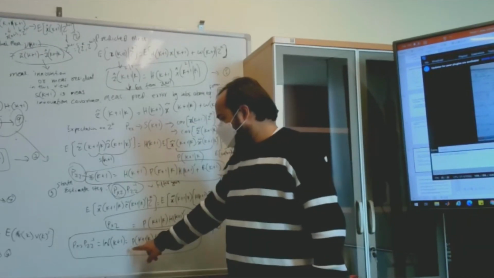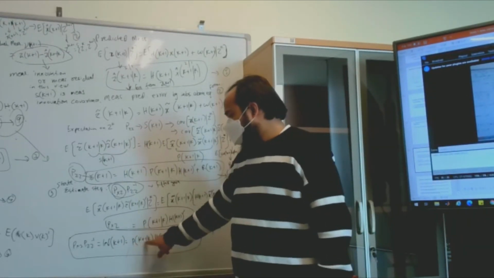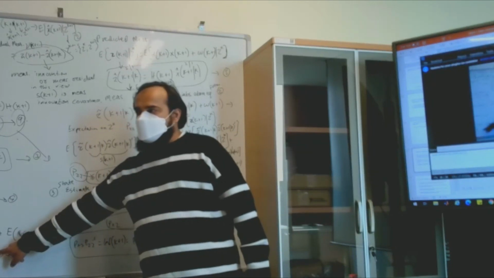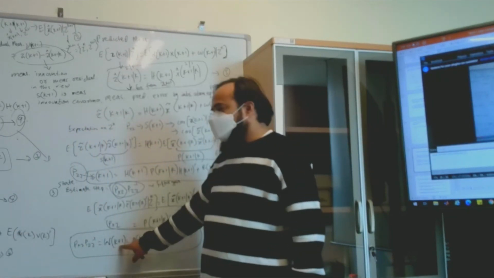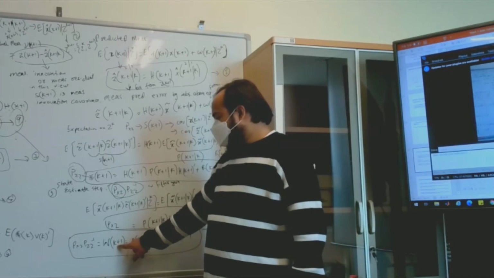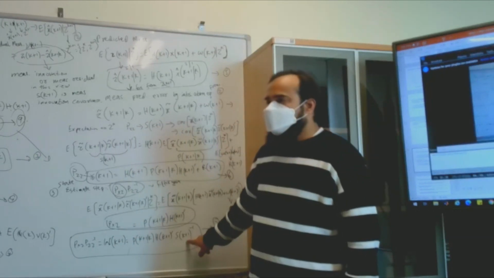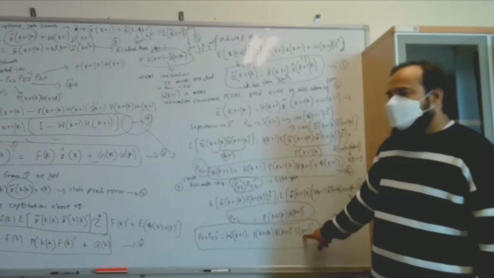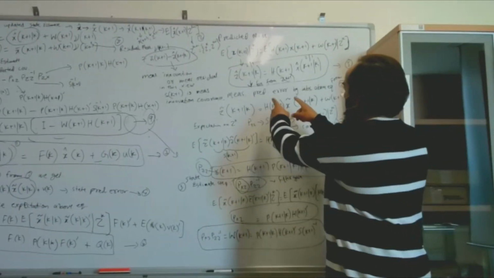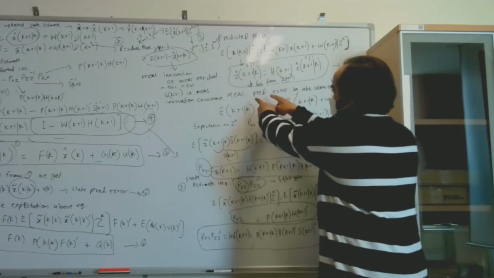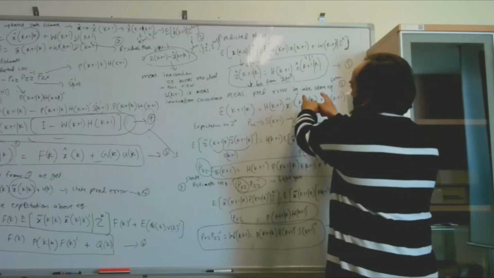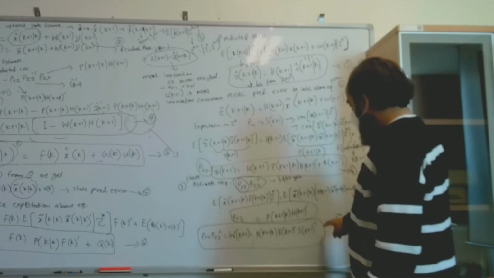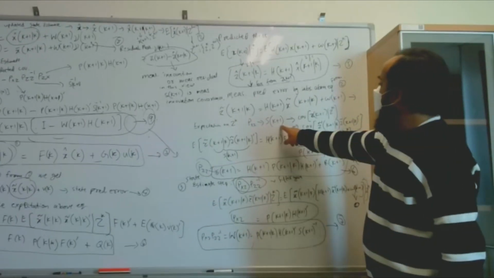What does it mean? It means proportional to this one. If this state covariance is larger, then this is large, and if this is large, then the filter covariance is smaller. This is obtained from this thing.